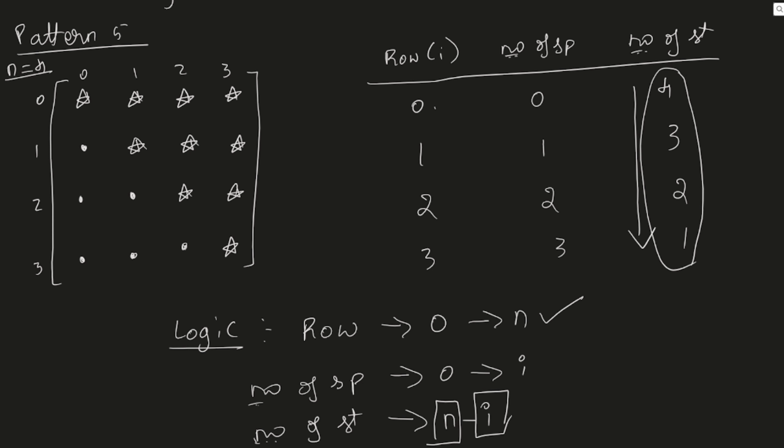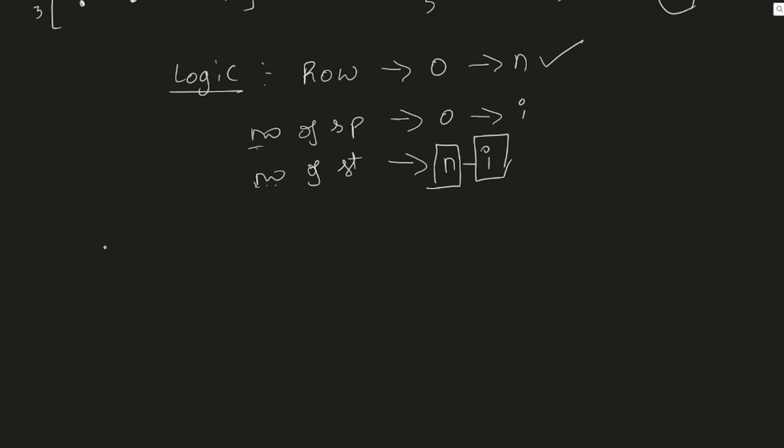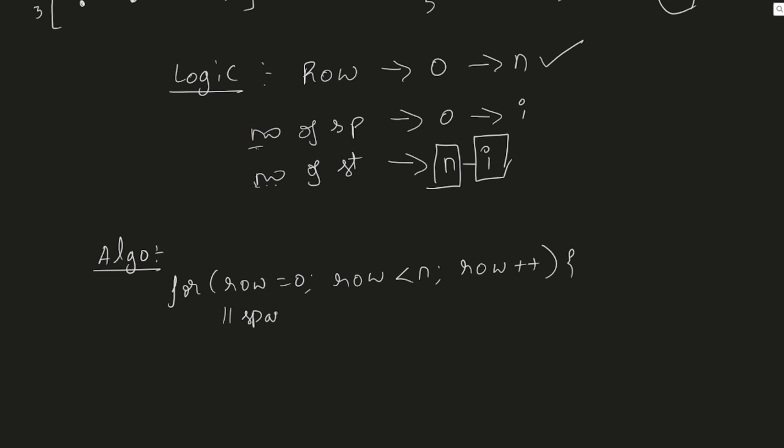Let me just write down an algorithm for this. As always, for row starts from 0, goes till n, row plus plus. Since we have spaces prefixed before the stars, we need to have a separate for loop to print the spaces.